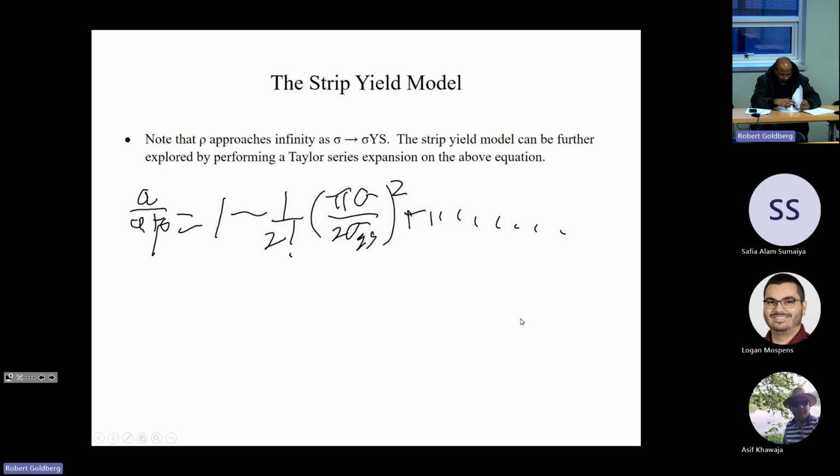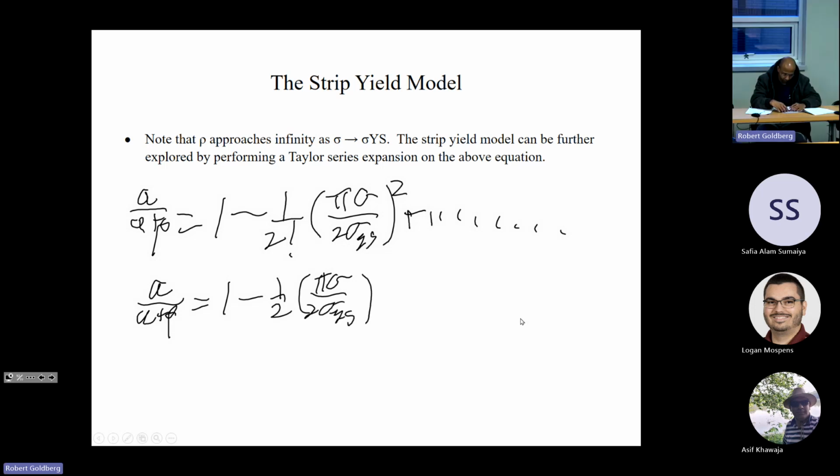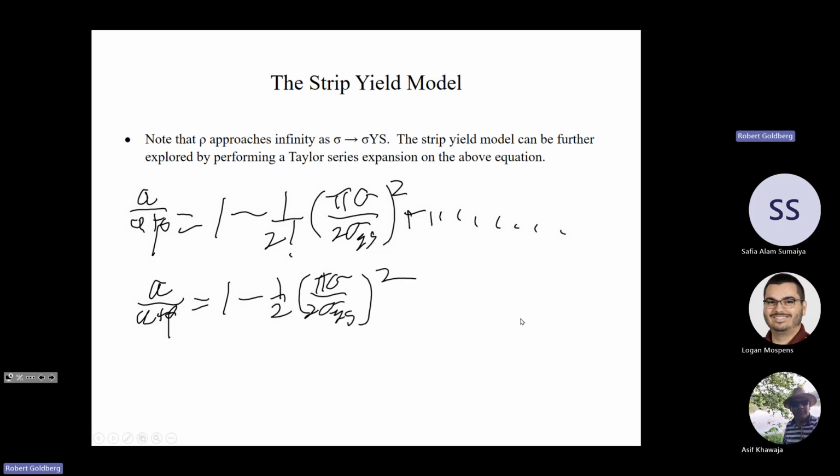So we end up with a over a plus rho is equal to 1 minus 1/2 of pi sigma over 2 times the yield stress squared.